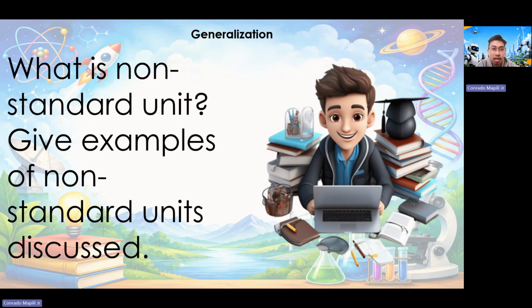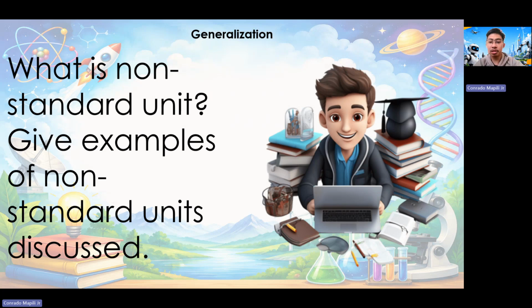Okay, let's generalize our lesson. What is a non-standard unit again? And what are the examples of non-standard units discussed? Okay, very good. Non-standard units are everyday objects used to measure things like length, weight, or capacity instead of using official tools like rulers or scales.